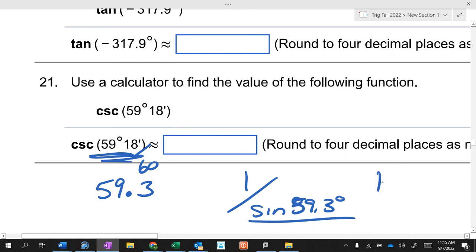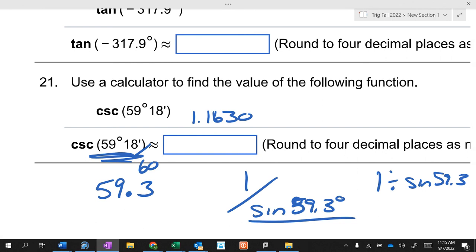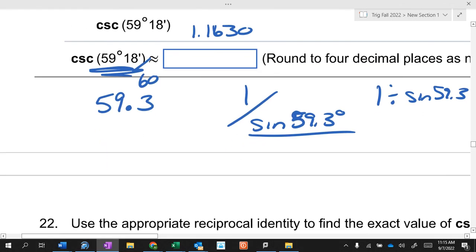But I think 1 divided by the sine of 59.3 works just fine. What do you get when you do that? 1.1630, right? Round to 4 decimal places, 1.1630. Yeah, there we go.